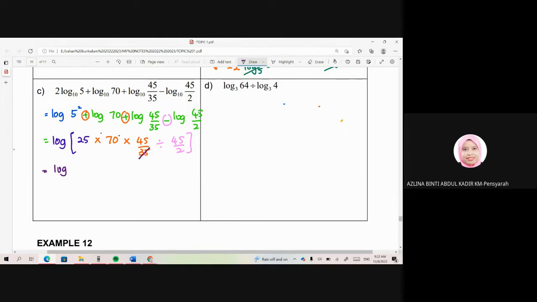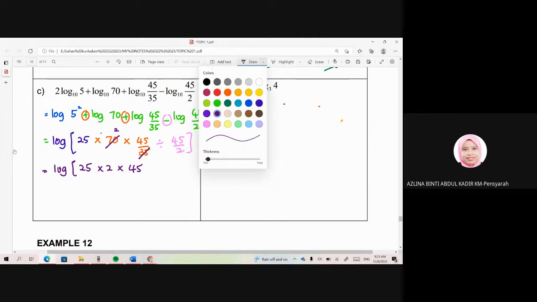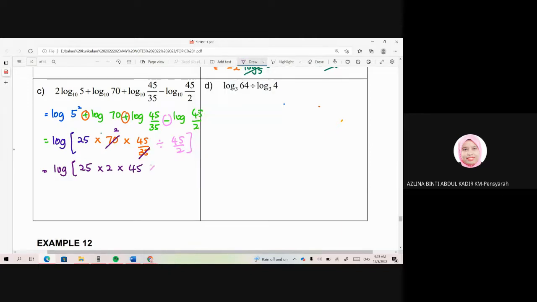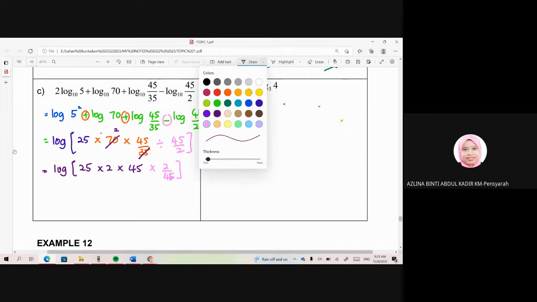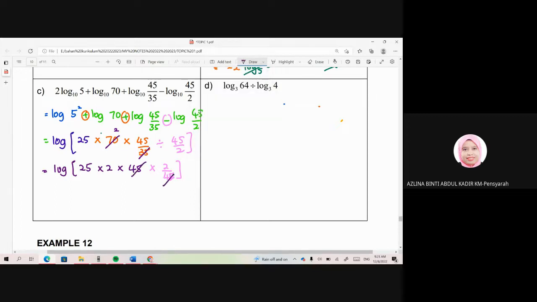This one can be cancelled out. The rest you copy: 25 times 2 times 45. Divide by this one, so you change to multiplication, times 2 over 45. Then the numerator and denominator swap, you simplify and this one cancels out. So we have log 100.